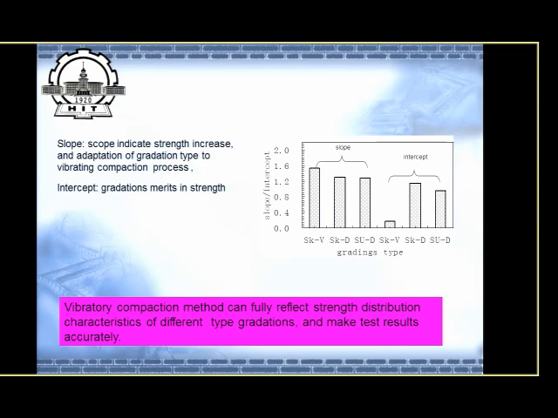For the skeleton void, the slope is high because there are more coarse aggregates, so I think it is more suitable for vibrating compaction. The intercept for the skeleton dense is big, because I think it is a gradation merit in strength.